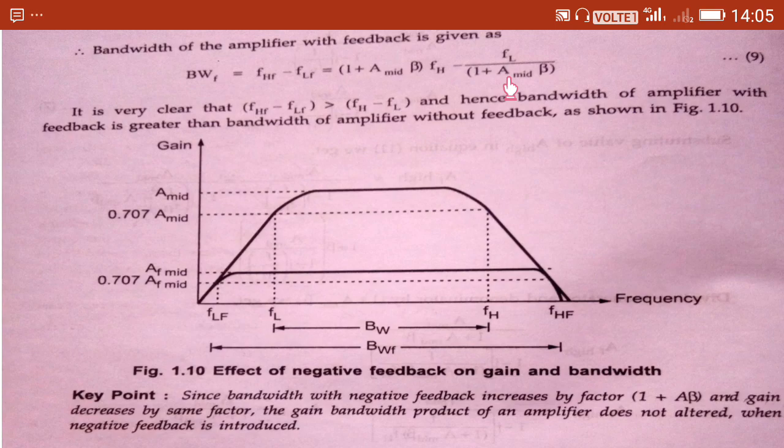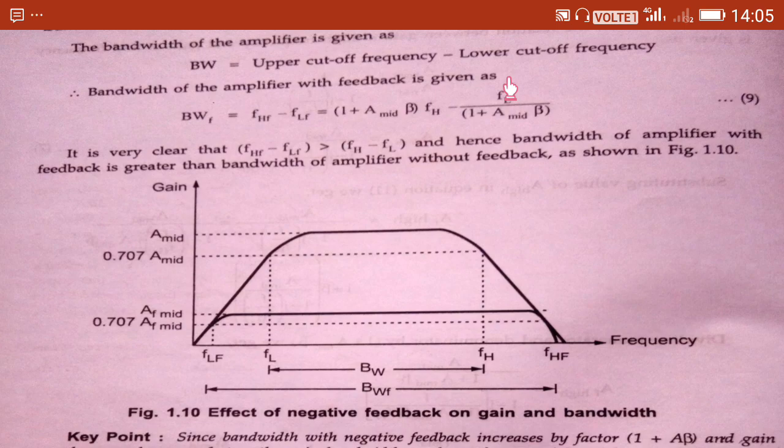Our bandwidth with feedback is what basically? It is basically the difference of upper cutoff frequency, or higher cutoff frequency, and lower cutoff frequency.